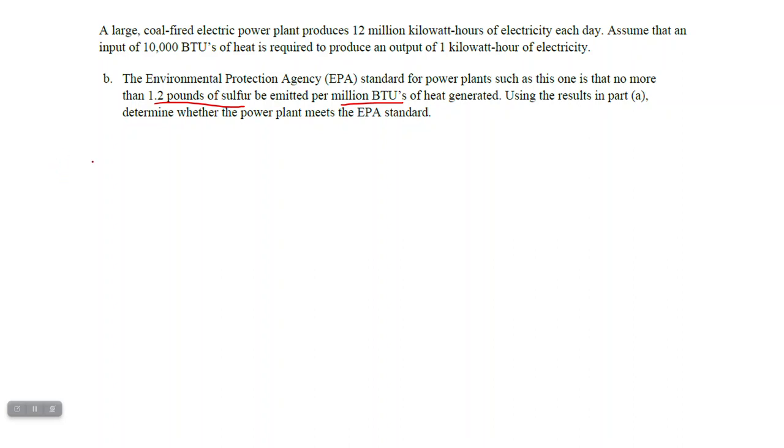is we basically got to figure out how many millions of BTUs we generate. And so we had 1.2 times 10 to the 11th BTUs needed. And if I convert that to millions, that becomes 1.2 times 10 to the 5th million BTUs.